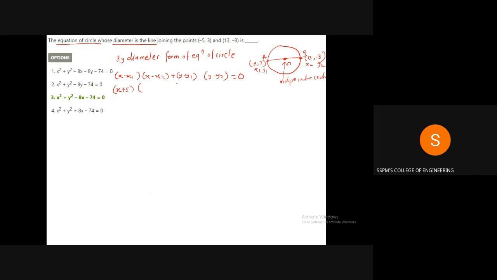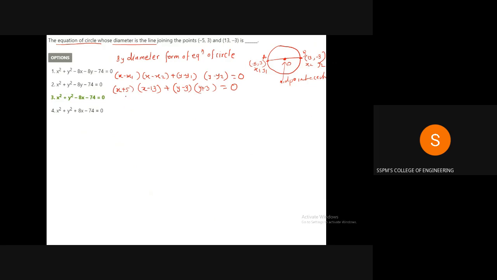For the next bracket, x minus x2 is x minus 13, plus y minus 3, times y plus 3, is equal to 0. We will solve these brackets and get the answer.